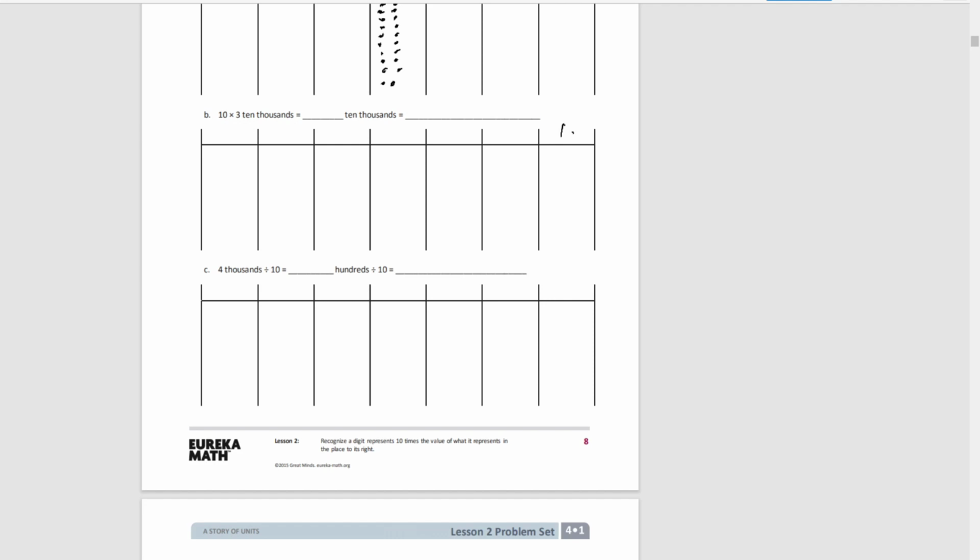Again, we're going to label the place value chart. And we're starting with 3 10,000s. I'm going to do it 10 times.